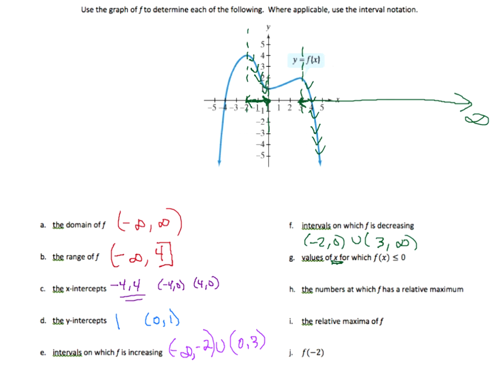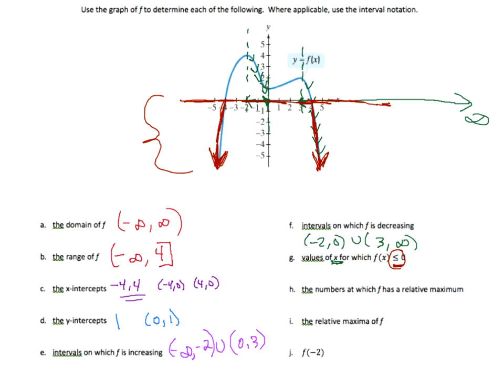Okay, so the values of x for which f of x is less than 0. So this is saying for what values of x are your y values less than 0. Let me just draw the barrier that they're talking about.